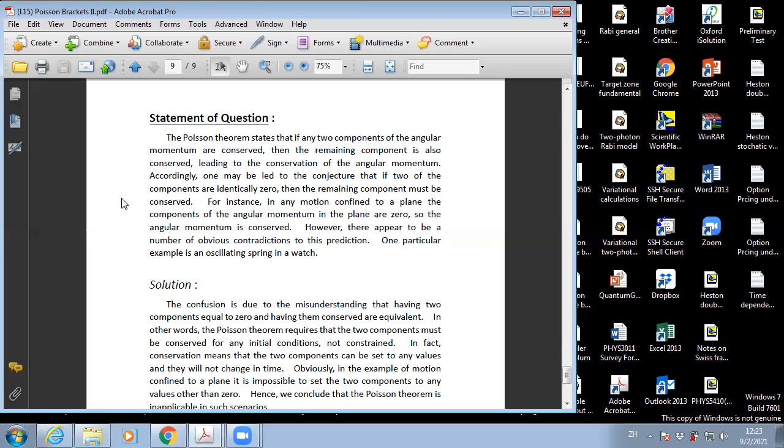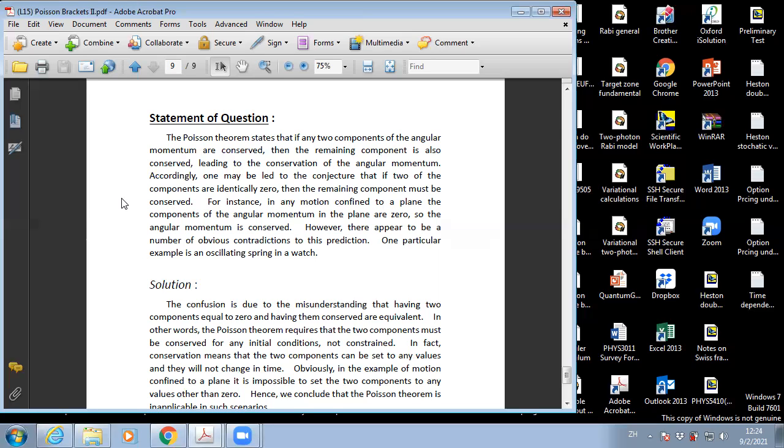Why? Because the Poisson bracket between 0 and 0 must be 0, right? For instance, in any motion confined to a plane, the components of the angular momentum in the plane are 0. So say, for example, planetary motion, the angular momentum Lx and Ly are 0. So the angular momentum is conserved because the third component is also conserved.